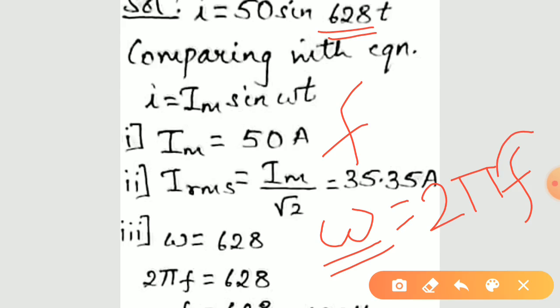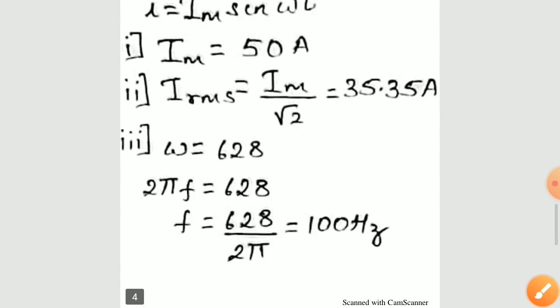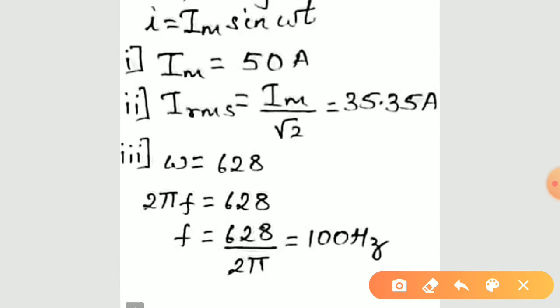So there is only one data left to be found out, the unknown variable f. By substituting value of omega, we get the equation 2 pi f is equal to 628. F is equal to 628 by 2 pi, which is equal to 100 Hertz. So frequency of current for the given question is 100 Hertz.